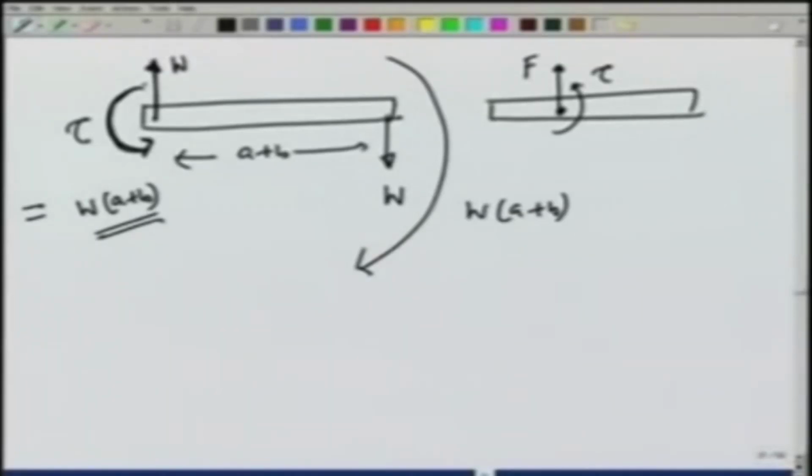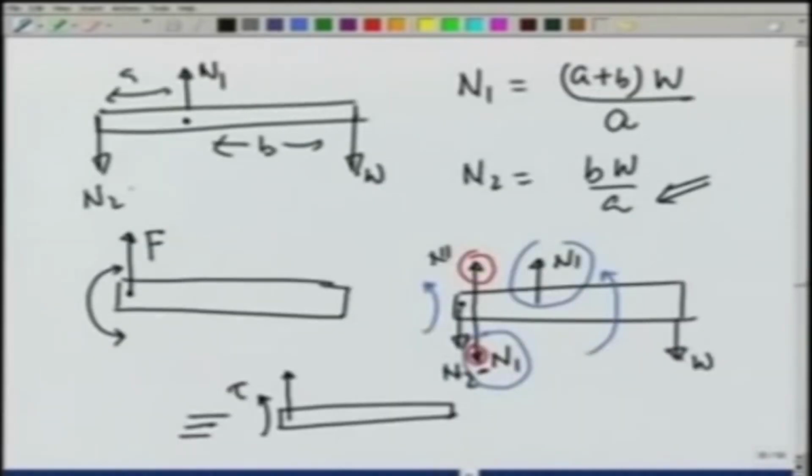You notice that if A plus B is large, this torque is going to be larger and larger. It is actually better understood if we go back to this slide and see if A is large.